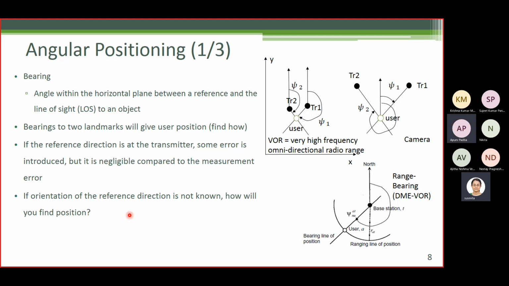Ma'am, we add another transmitter. Yes. So we need to have one more measurement. So three measurements would be required to determine the user position when the reference direction is not known. Write the equations and see how you can solve for these three unknowns.